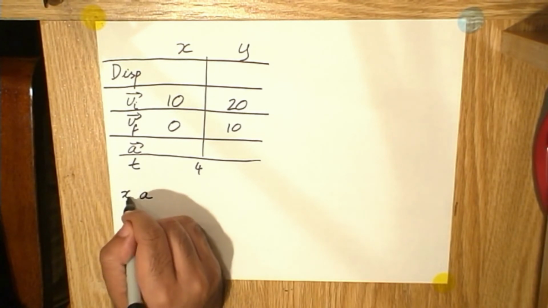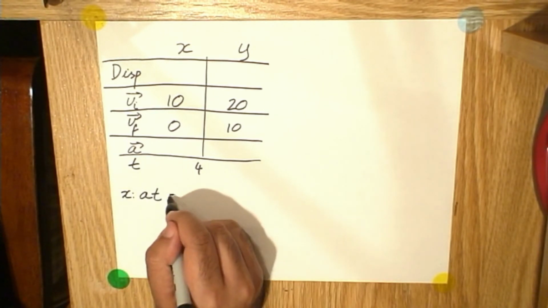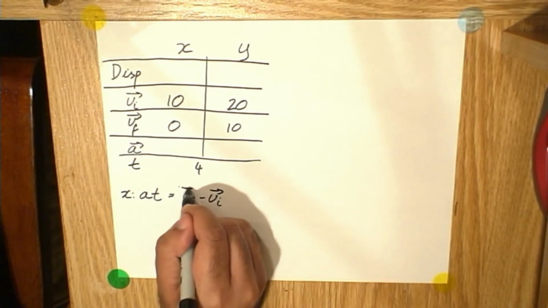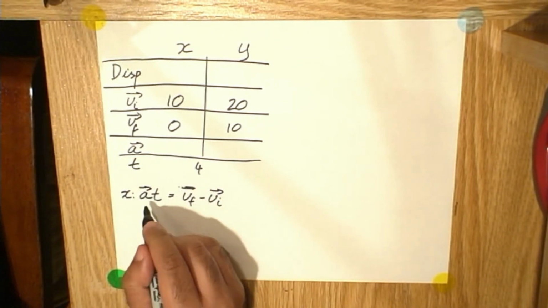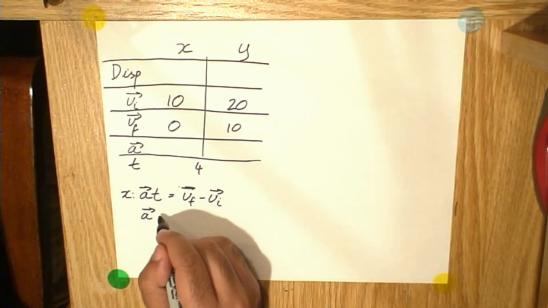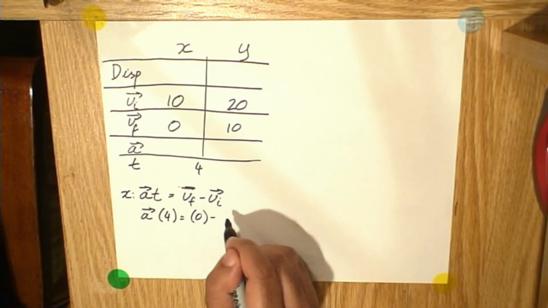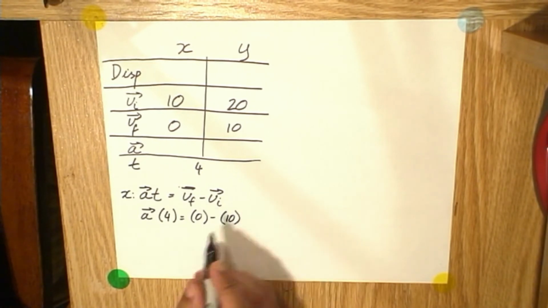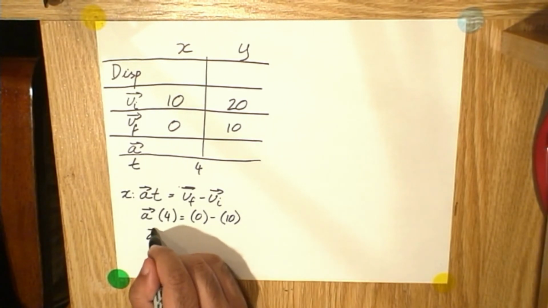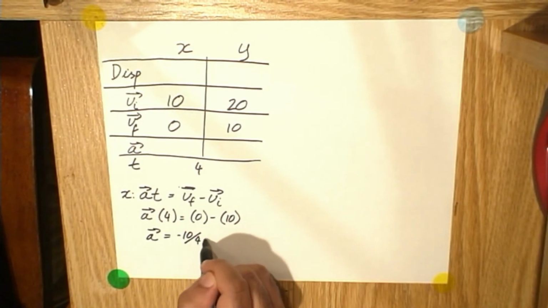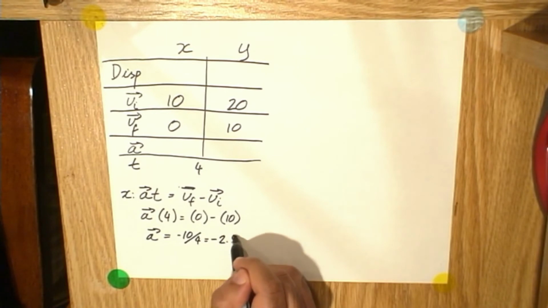In the x direction, acceleration times time is equal to v final minus v initial. So acceleration, unknown, time, 4, is equal to v final, 0, minus v initial, 10. So the acceleration is equal to negative 10 divided by 4, which is negative 2.5.